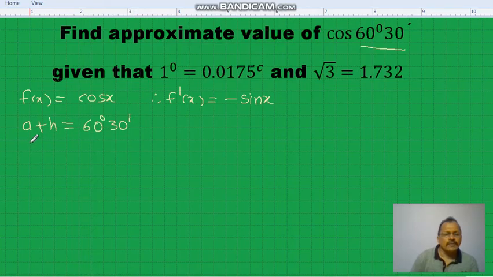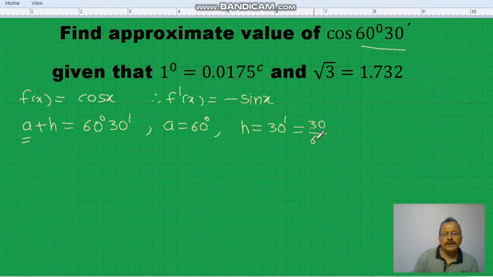I should have the value of a so that I can find f(a) and f'(a) easily. Here the choice for a is 60 degrees and the choice for h is 30 minutes. 30 minutes means 30 divided by 60 degrees, that is half a degree.